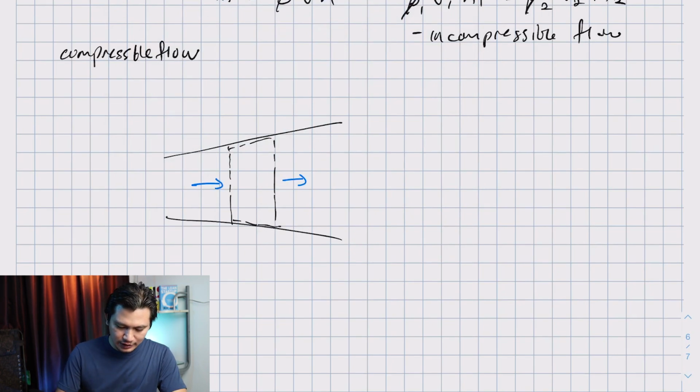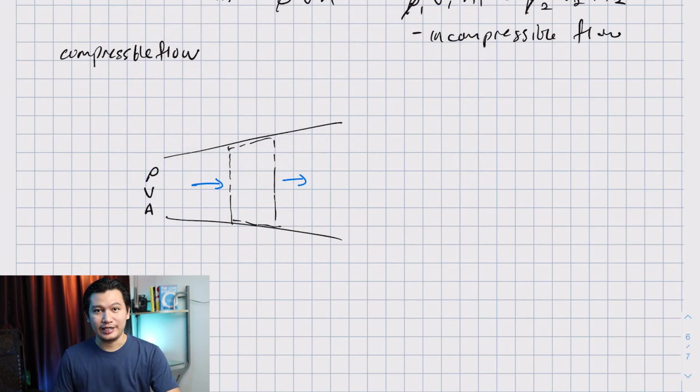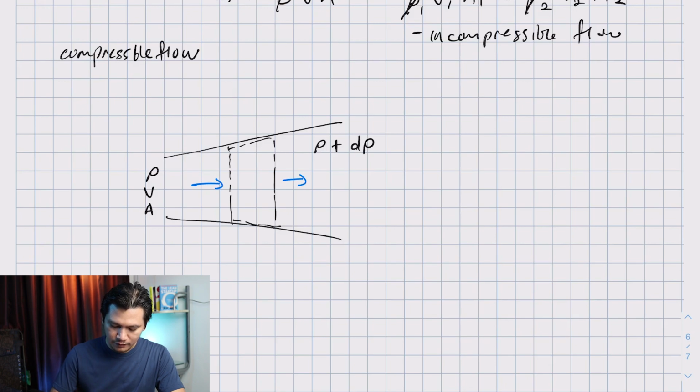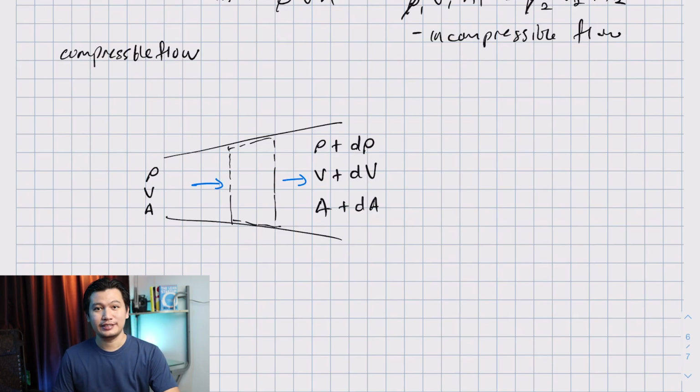For the inlet, let's say that the density is rho, the velocity is v, and the area is A. But at the exit, this is going to be rho plus d rho, v plus dv, and area plus dA. So everything has changed because this is compressible. Rho will change slightly, so that is d rho. Velocity will change slightly, and area will also change slightly.